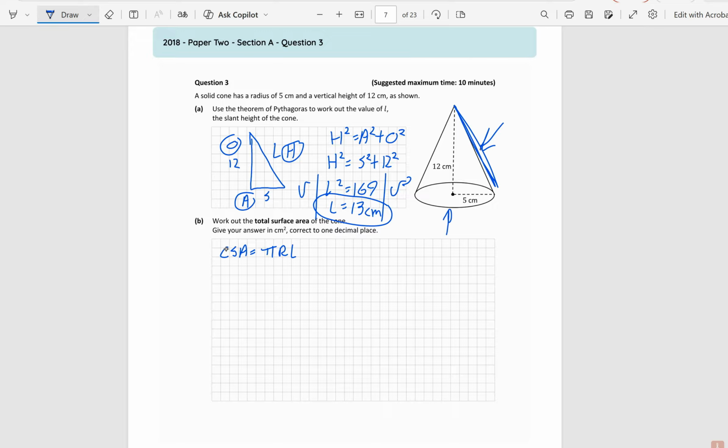But remember, there's a circle on the bottom, so plus, and a circle is pi r squared. Fill in what you know, throw it into your calculators. It does say correct to one decimal place, so it's 282.7 centimeters squared because it's area. And there we go. I'm not going to do it all out for you. You should be able to do that.